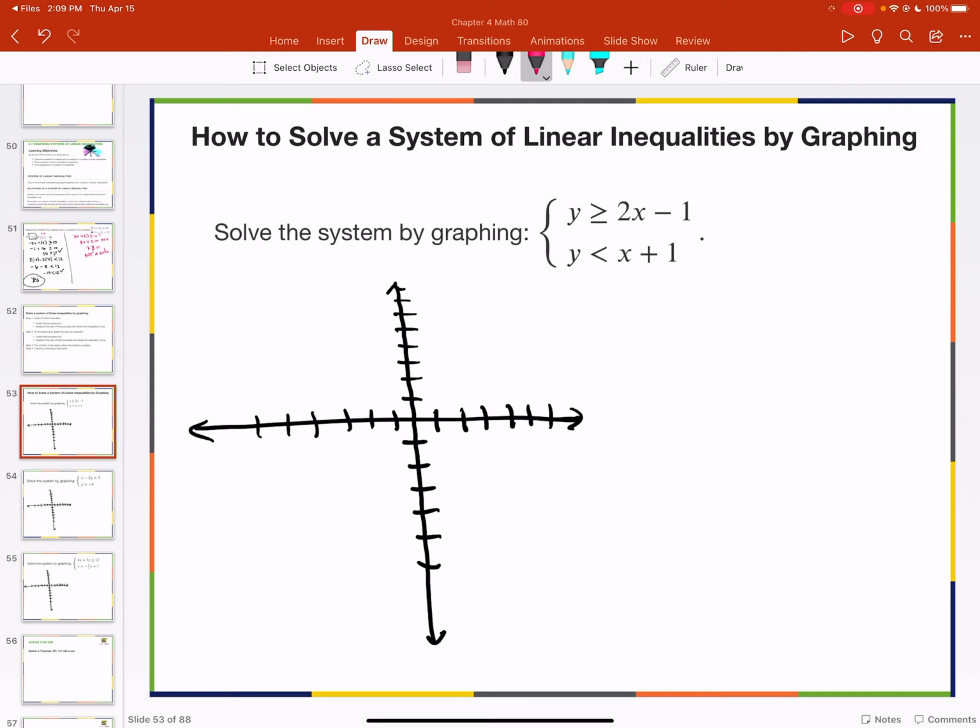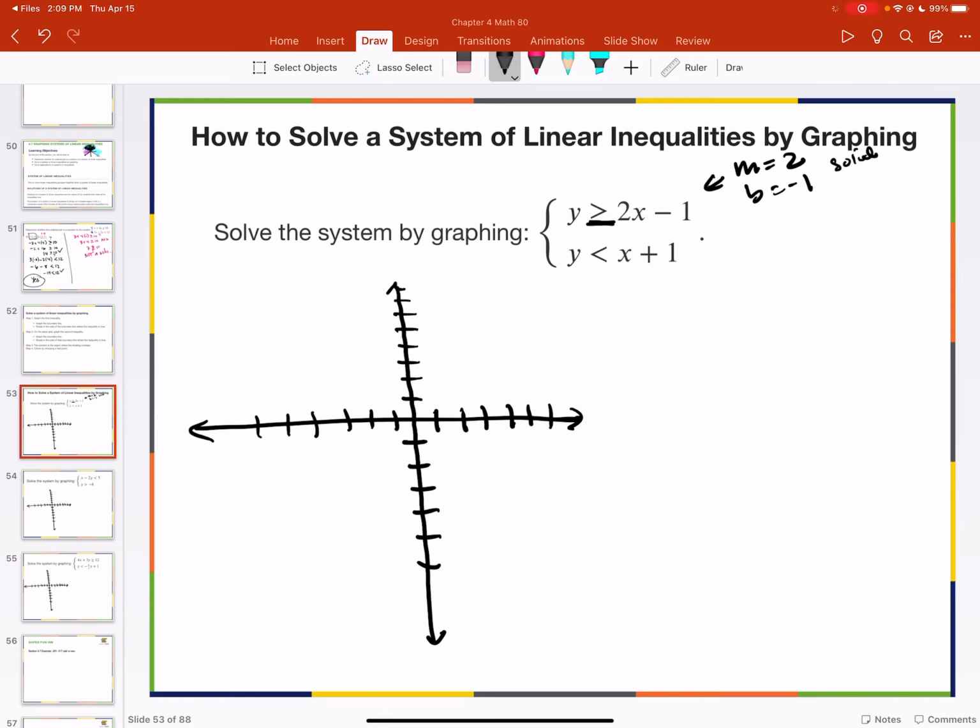First of all, we have here y is greater than or equal to 2x minus 1. Just by looking at this, I know the slope of the boundary line is 2 and the y-intercept is negative 1. And it's going to be a solid line because of the greater than or equal to. So let's graph this line.